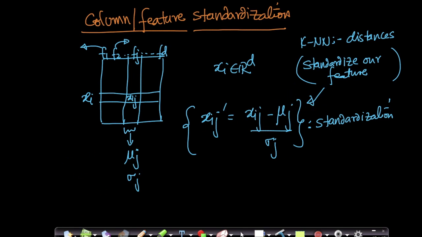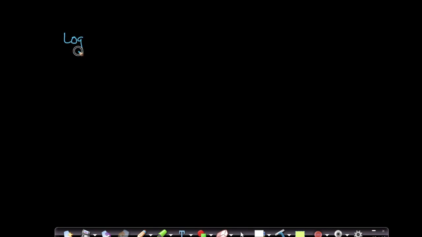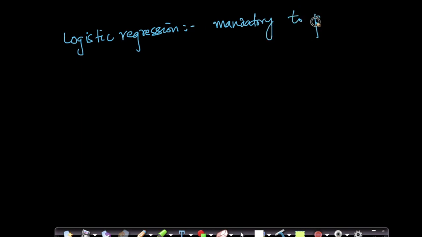So even in logistic regression, it is mandatory, important, compulsory to perform feature or column standardization. Because look at it, what are we computing effectively?